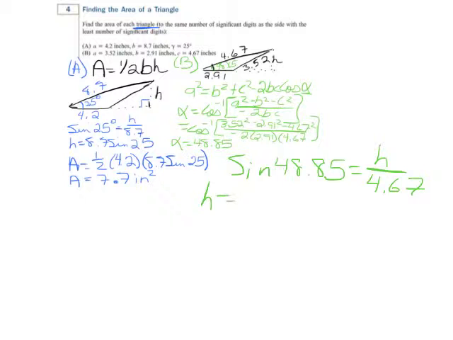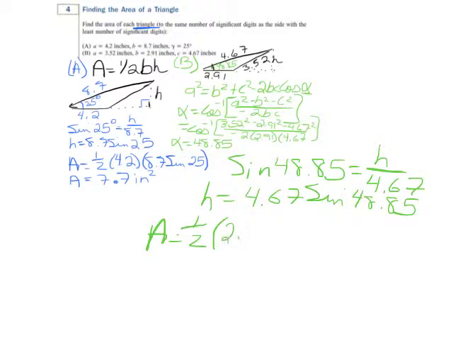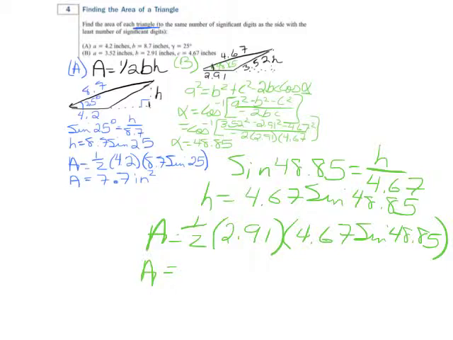So I've got h is equal to 4.67 times the sine of 48.85. Now I've got the area equals 1/2 the base, which is 2.91, times the height, which is 4.67 sine of 48.85.